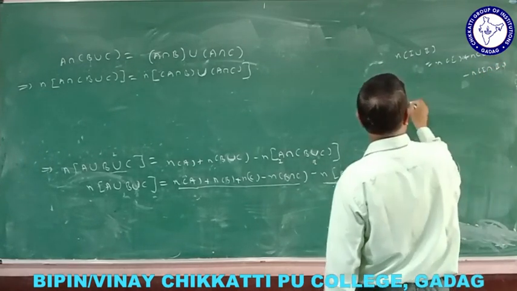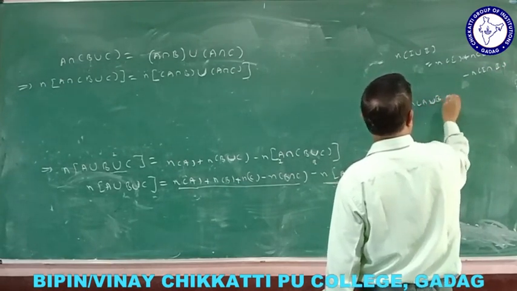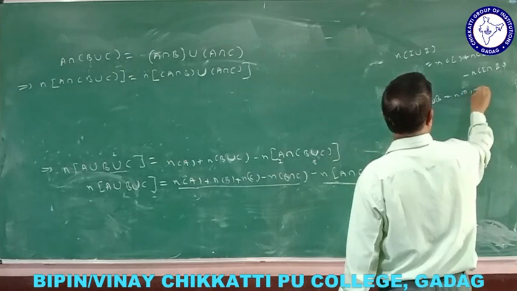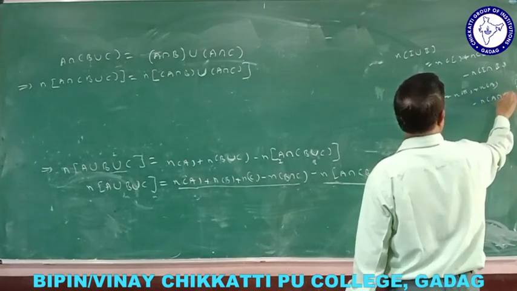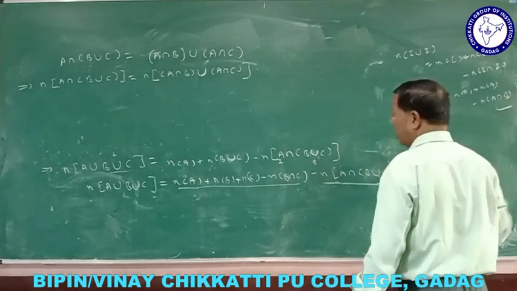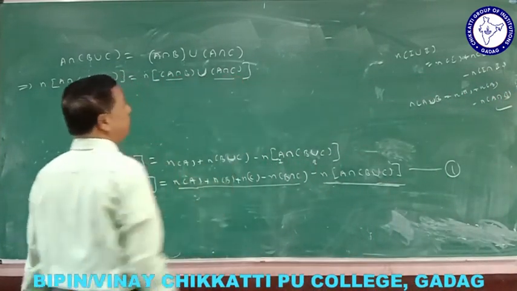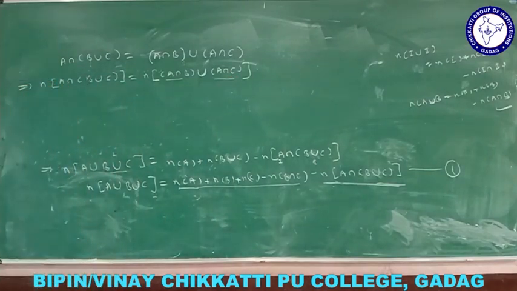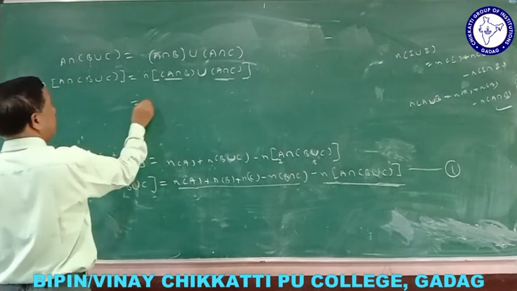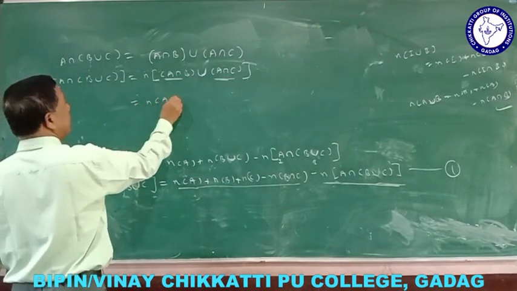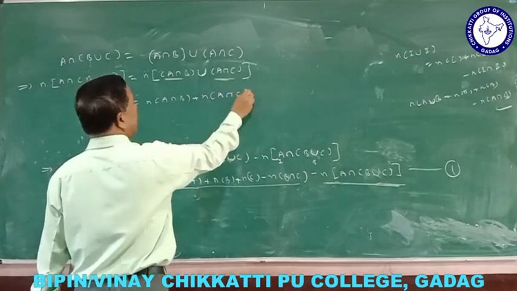It is nothing but what I have told, n of A union B is equal to n of A plus n of B minus n of A intersection B. This is a formula. Same formula we apply here. This is 1 and this is 2. According to the formula, this is first and second. What is the first? n of A intersection B plus n of A intersection C. Yes, correct or not?